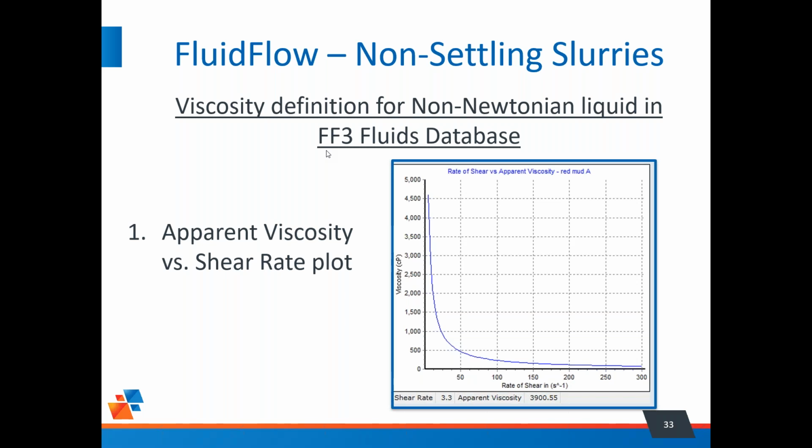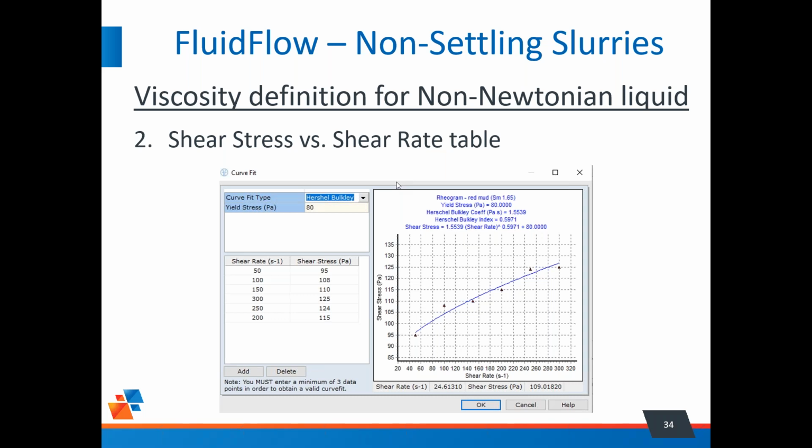As a viscosity versus shear rate plot, through constants based on the rheology data, or, as you can see, viscosity here in centipoise, or as a table representing the shear rate versus shear stress with a specific curve fit type. So we can choose from the 4 types of correlations there. You can see the curve fit example there. Basically, we're trying to get the best fit between the measured points.